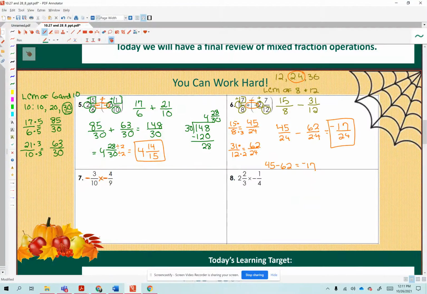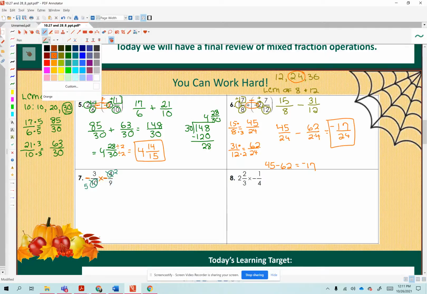Is there anything in common with the 10 and the 4 that we can divide by to get these numbers smaller, because smaller numbers are much easier to work with? And I know that I can divide by 2. So 4 divided by 2 is 2. 10 divided by 2 is 5.